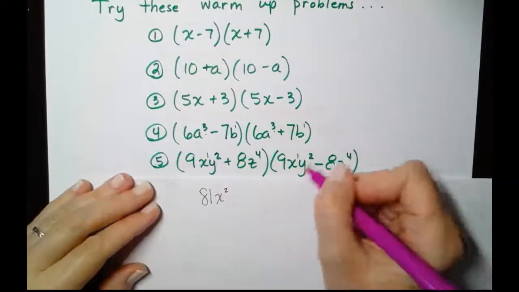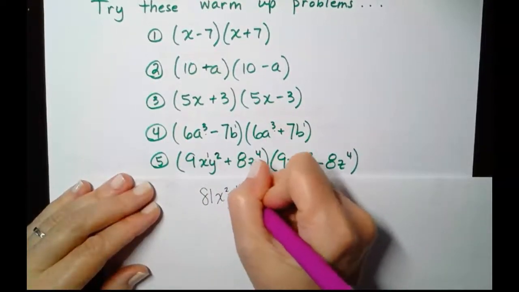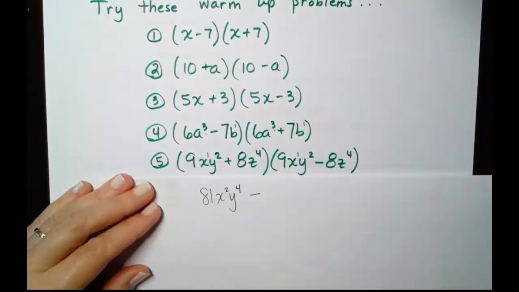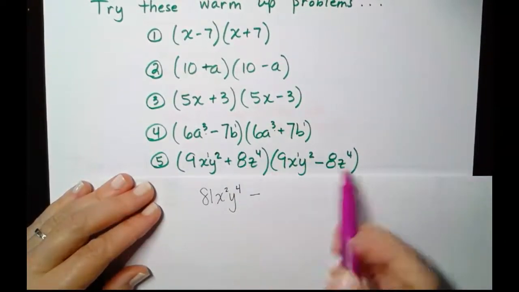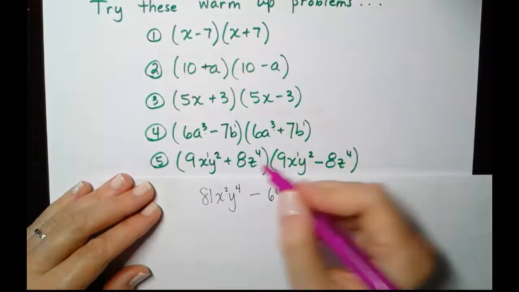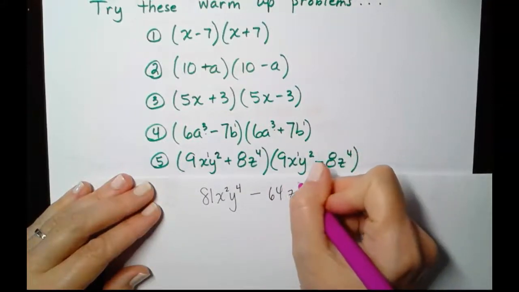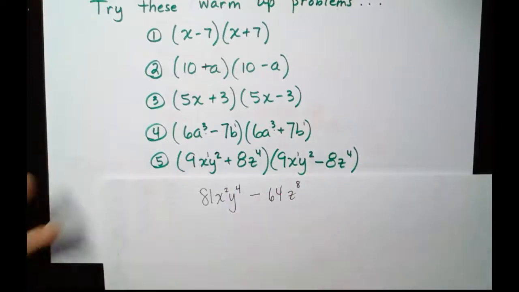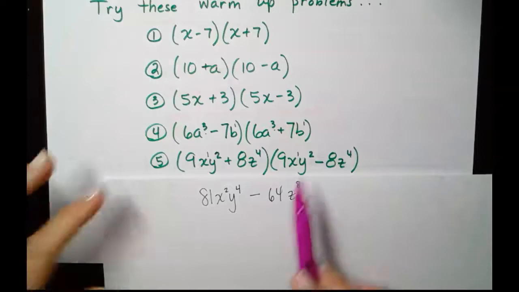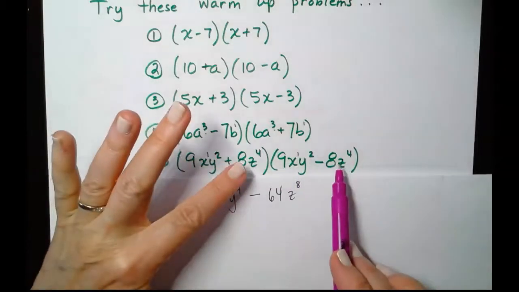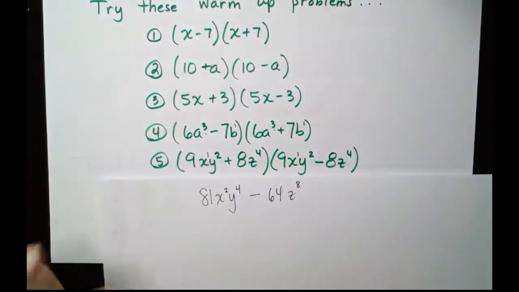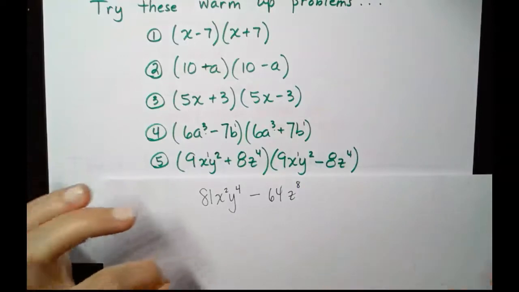And then y squared times y squared is y to the fourth. Minus 8 times 8 is 64. z to the fourth times z to the fourth, 4 plus 4 is 8. Knowing that those middle terms are going to cancel every time allows you just to do first and last when we have this very special situation.